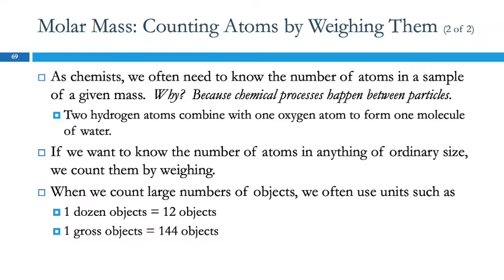If you have a reaction that's making water molecules, you have 2 hydrogen atoms and 1 oxygen atom combined to form 1 molecule. And that process is exact. It's always 2 to 1. So we are interested in that aspect, and so we often want to know how many atoms are in the sample.